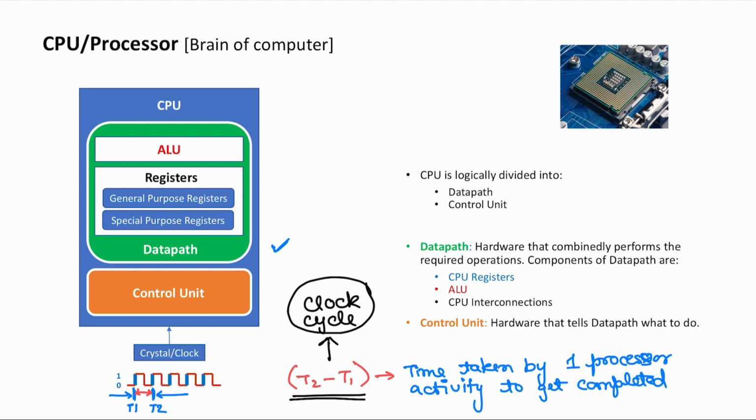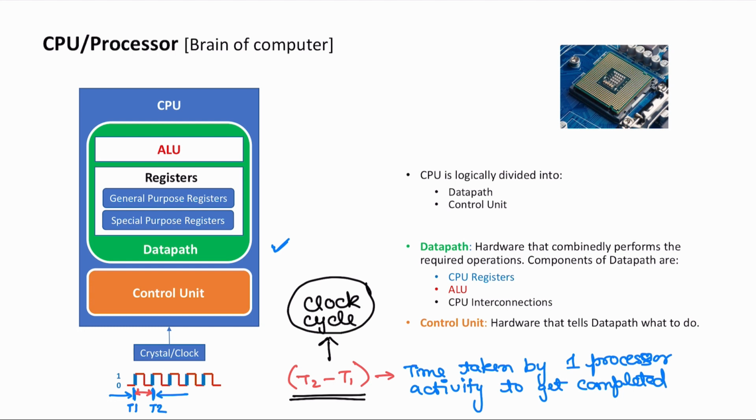For example, when the CPU does a fetch operation on main memory, this is one processor activity, and it can be done in one clock cycle. But most of the tasks are not done in one clock cycle; multiple clock cycles are required for these CPU processes.